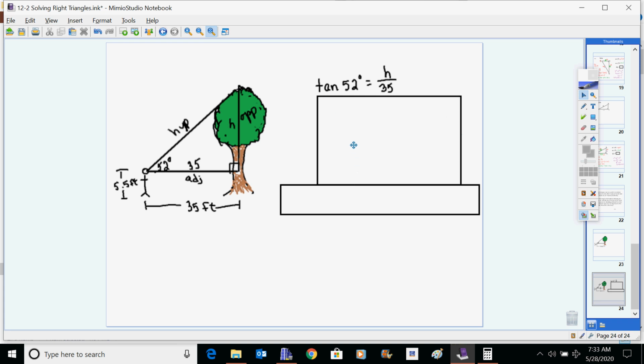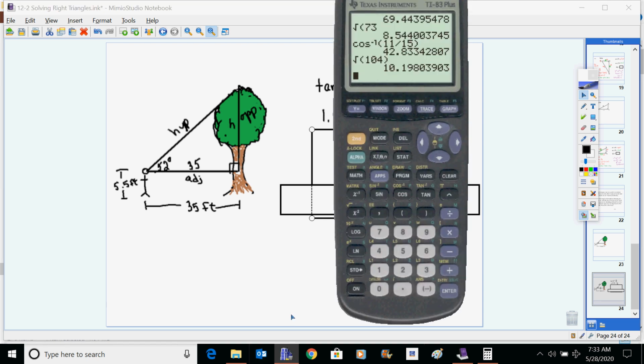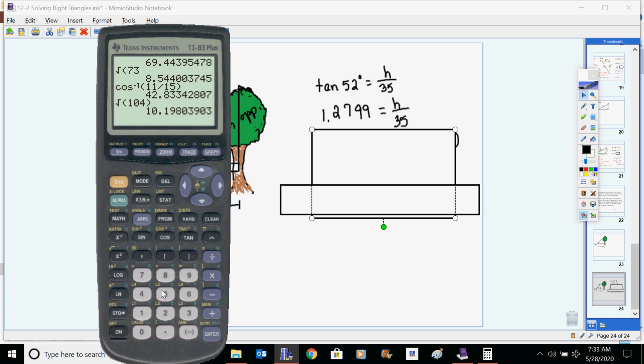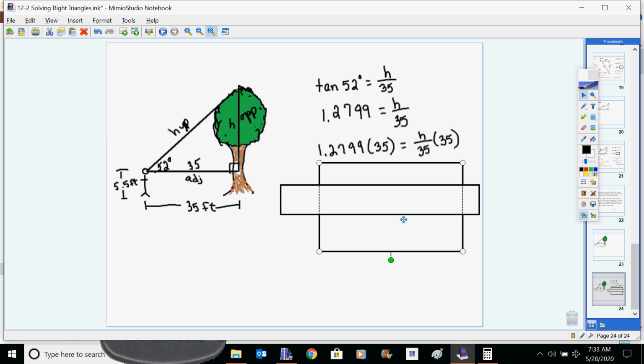This time you're not using the inverse of tangent. You're just using tangent. So you're just finding the tangent of 52. Okay, 1.2799. Then you can multiply both sides by 35.